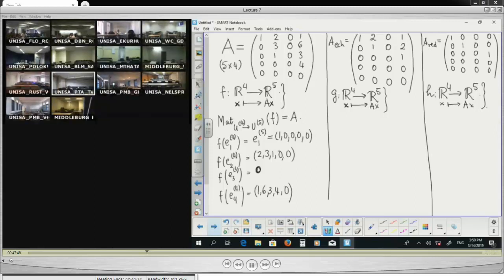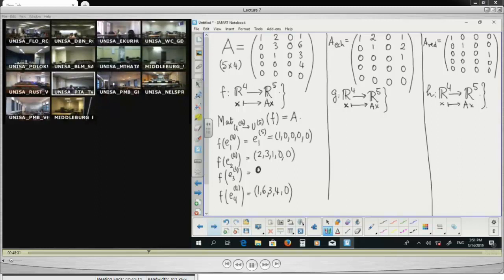I'm just asking, when you say f of E1 4, what exactly are you talking about there on the left-hand side? The linear transformation f takes E1, the first element of the basis in R4, to E1 5. Okay. No, I think I see it. So basically, that's a linear transformation. Yes, that's the linear. I'm building up on what I have said.